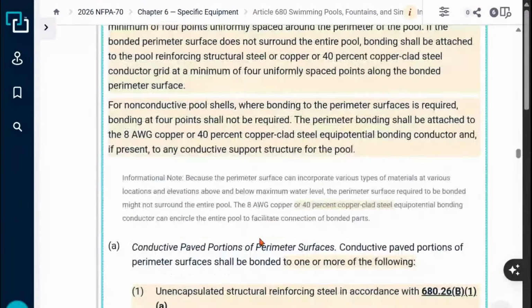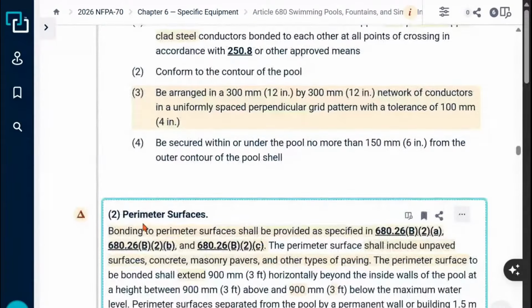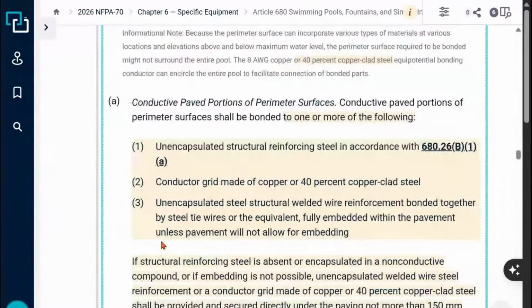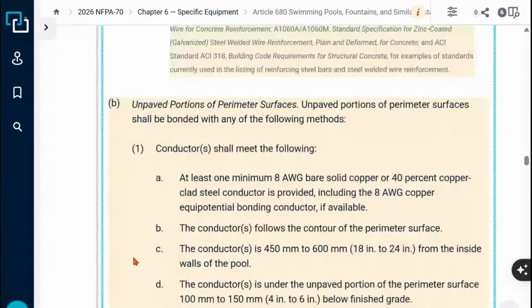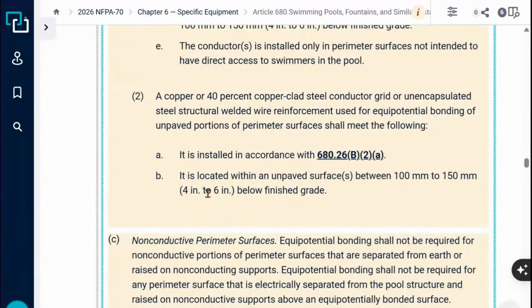But also, if it's an unpaved surface, it's got to be installed within the 4 to 6 inches.